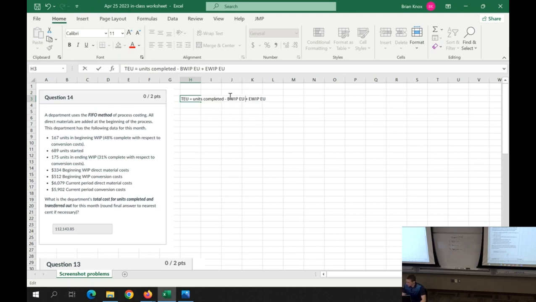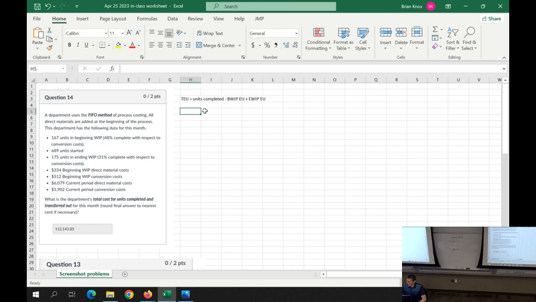I'll put those together to help remind me that when we get to step 3, we need to apply the rates to units completed minus the beginning WIP equivalent units, that special work done this period figure that we use. Putting them next to each other reminds me that this is the term we're actually going to be multiplying the rates by. Units completed minus the equivalent units that were in beginning WIP.